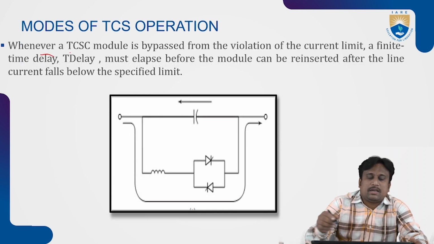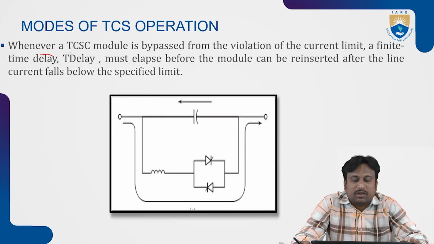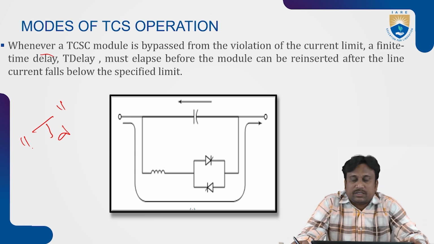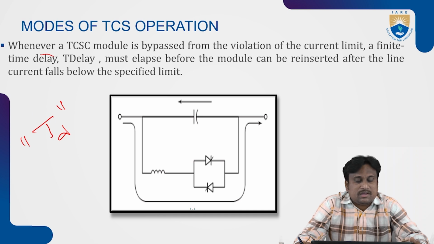Whenever a TCSC module is bypassed due to violation of the current limit, a finite time delay, represented as T delay (TD), must elapse before the module can be reinserted after the line current falls below the specified limit.